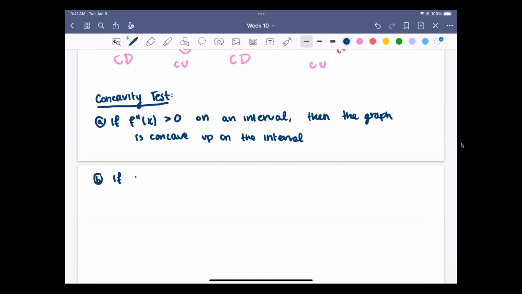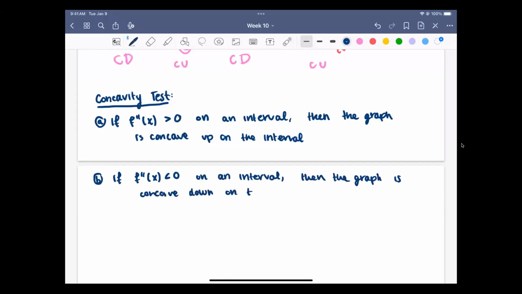So if f double prime of x is negative on the interval, then the graph is concave down on the interval. Are there questions about this?